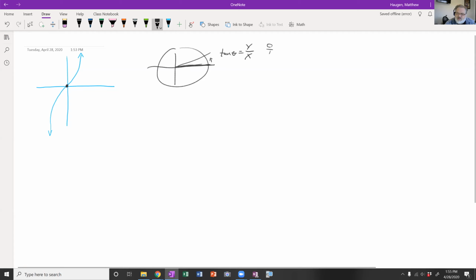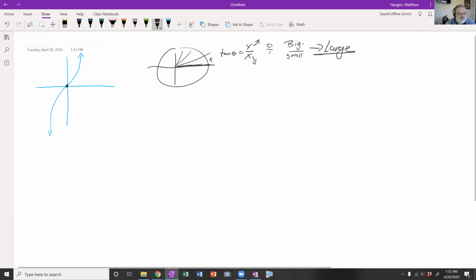And then as we increase, our y values are going up while our x values go down. So we're getting bigger y values while we get smaller x values. Well, what happens as these numerators become large and those denominators become small? This gets very, very large.